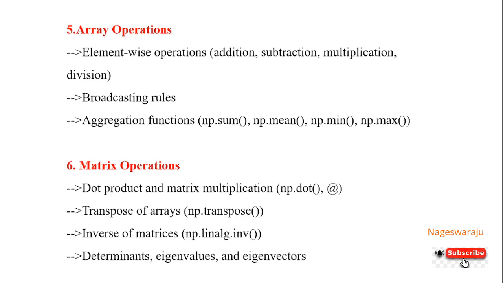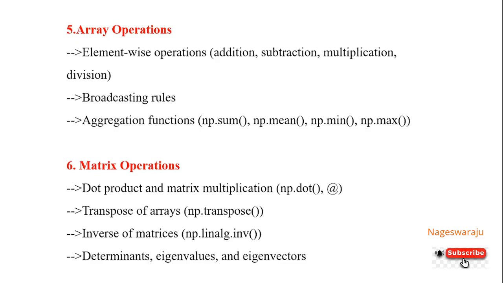Next, array operators. Array operators are different kinds of operators: addition, subtraction, multiplication, and division. Next, broadcasting rules. Array operators have some broadcasting rules, and based on those rules we implement the operators. Next, aggregation functions.